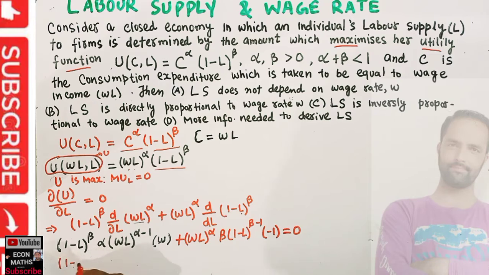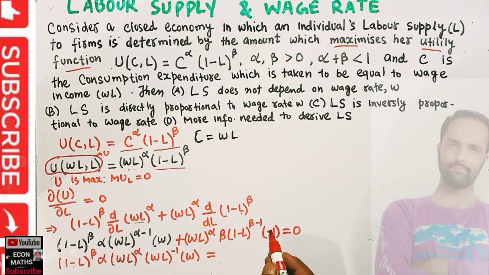So we have (1 minus L) to the power beta. We have alpha here, and I can write it like this: (WL) to the power alpha minus 1, then W, plus, since this is minus 1, let me transpose it. This whole term becomes minus, and transposing it to the right-hand side it becomes plus.